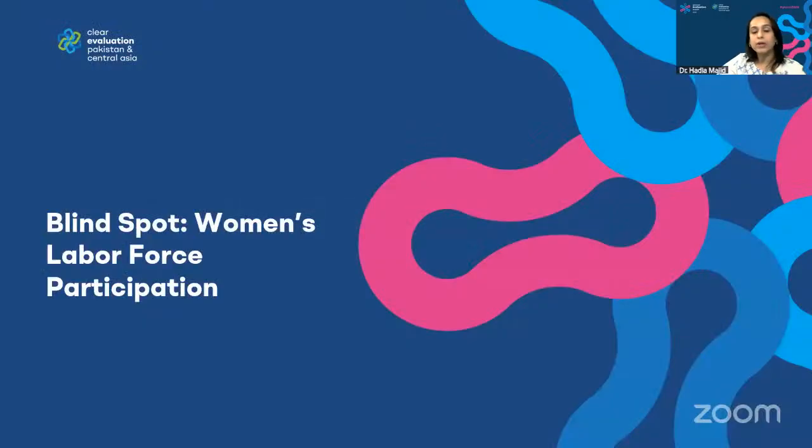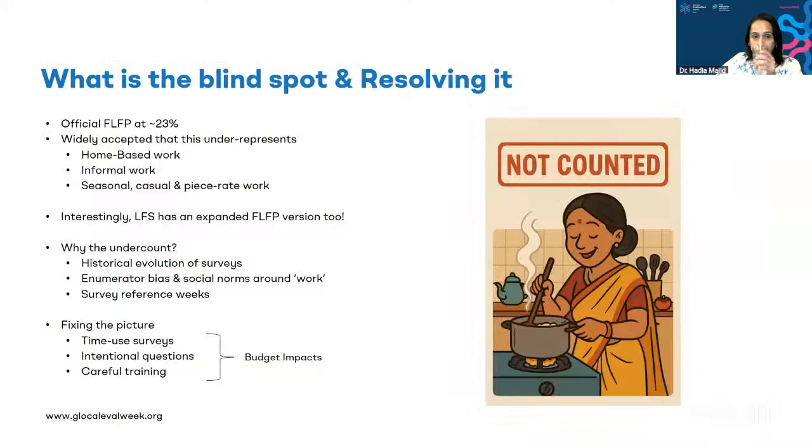I'm going to talk about another blind spot now, which is women's labor force participation. And here, the official FLFP, female labor force participation in Pakistan, is at about 23%. It's widely accepted that this underrepresents women who are doing home-based work, informal work, or seasonal, casual, or piece rate work.